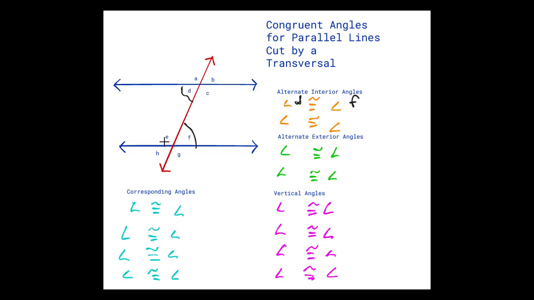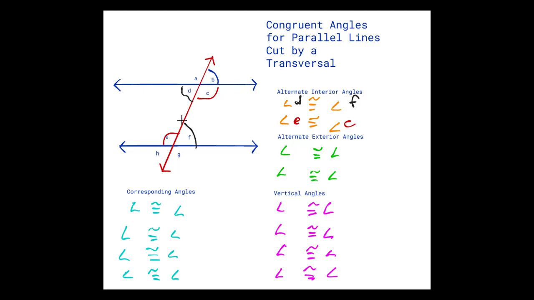And angle E is congruent to angle C. Now we're going to talk about alternate exterior angles. So those would be the angles on the outside, and it would be the alternate.